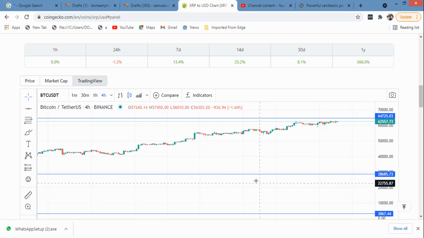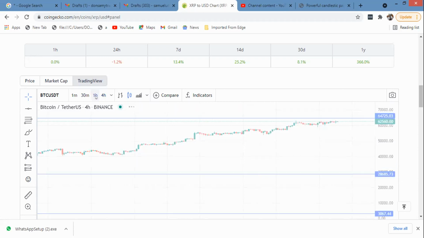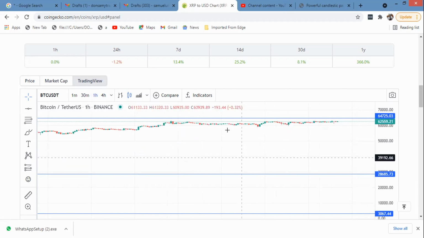Okay. So having said that, let's also look at the 1 hour candle. That is where I'm going to stop, because I can't go to 15 minutes and 30 minutes. There is a lot of noise there.